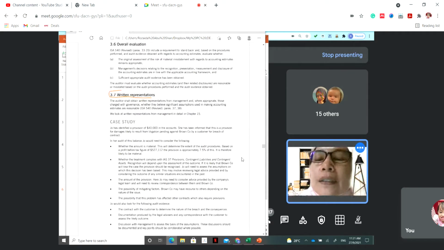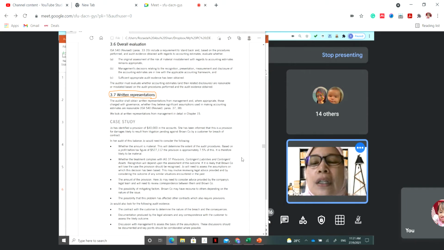is written representation. What happens if the management's estimation and the auditor's point estimate are not parallel? If not, you have to discuss with the management and ask for a written representation from management if you don't agree with their estimation.